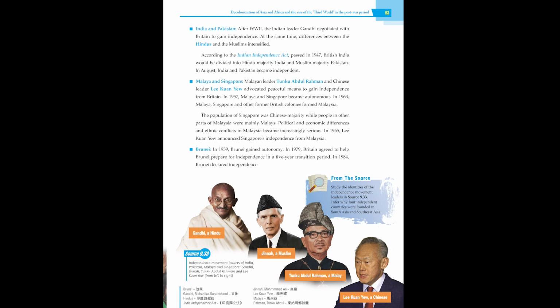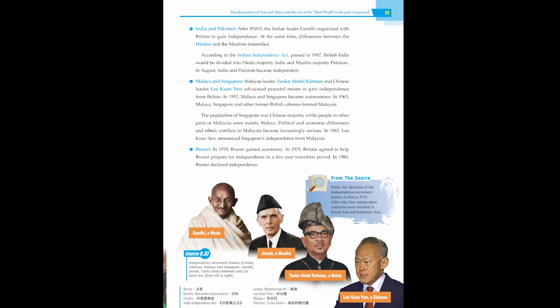The population of Singapore was Chinese majority while people in other parts of Malaysia were mainly Malays. Political and economic differences and ethnic conflicts in Malaysia became increasingly serious. In 1965, Lee Kuan Yew announced Singapore's independence from Malaysia.